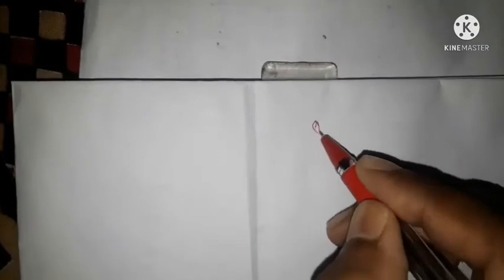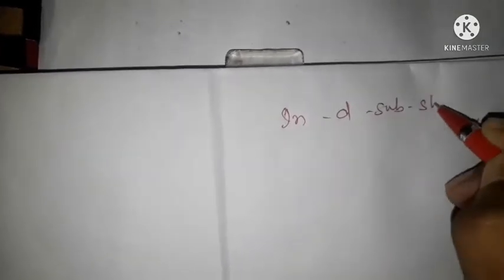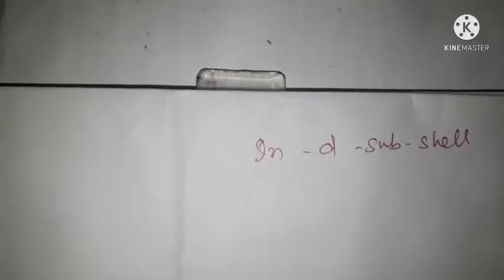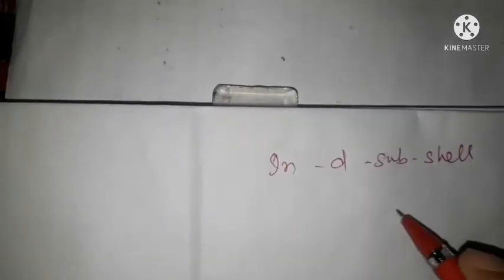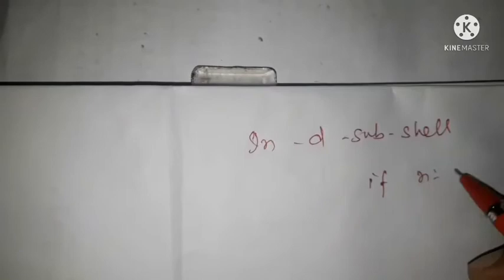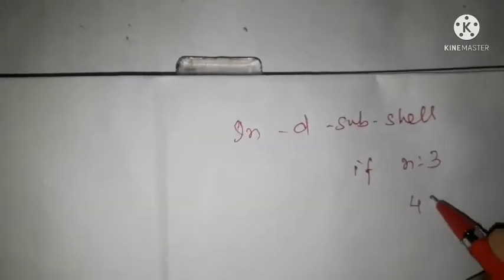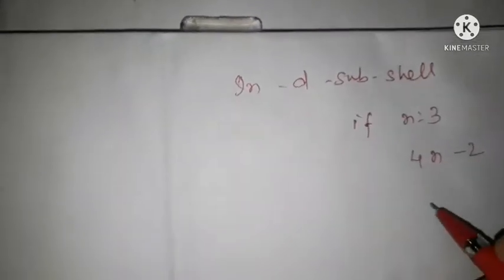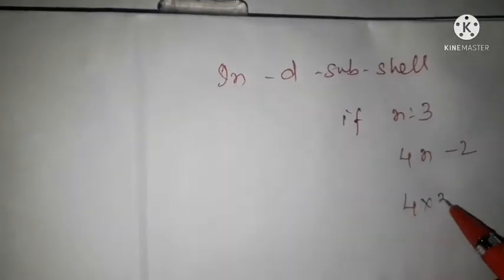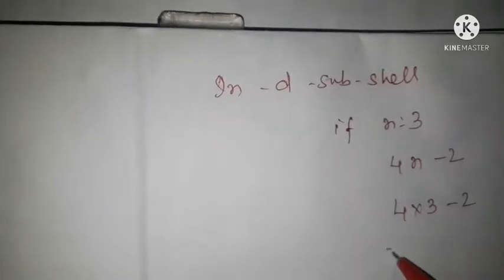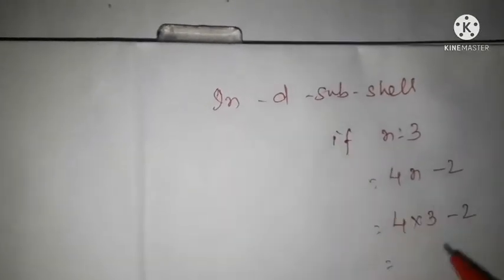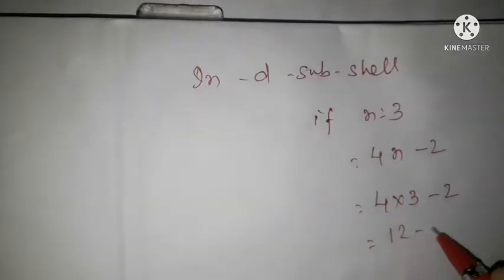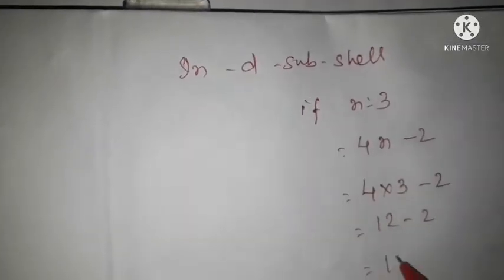In the D subcell we also derive by using the formula: if n is equal to 3, then 4 into 3 minus 2, that means 12 minus 2, 10.